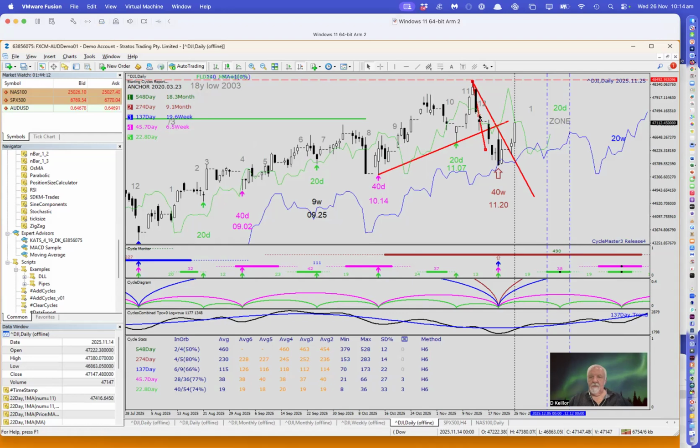Now this is surplus to requirements, except we can use it for a forecast to the upside.